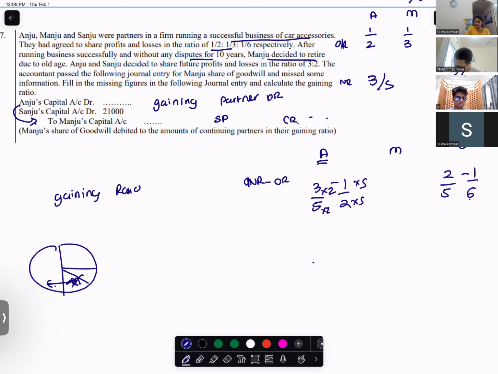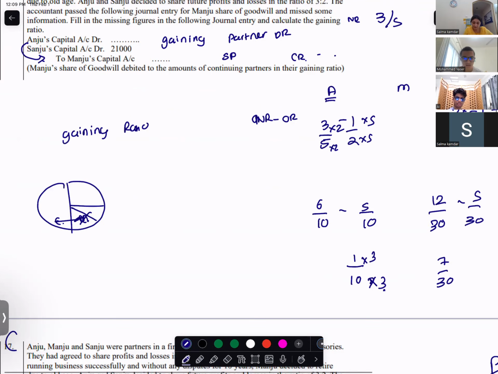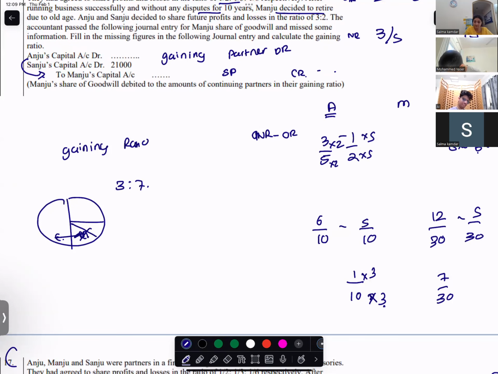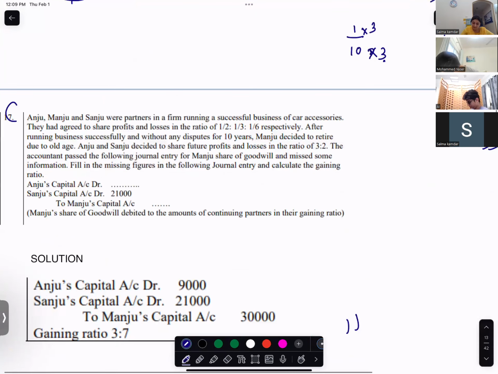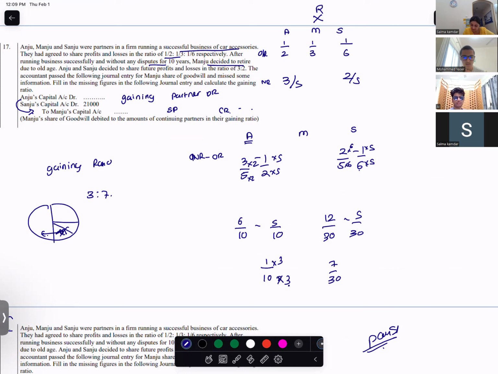The gaining ratio will be 2/30, 3/30, and 2/30. You are wrong, it is 3 is to 7. Let me check once. Is 3 is to 7 the gaining ratio? Maybe it is 3:2, ma'am. Look over here.